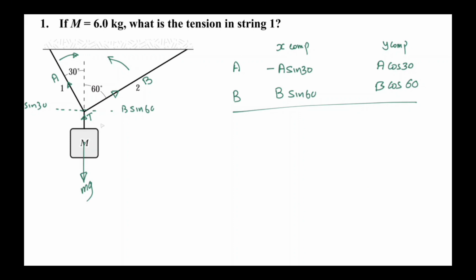Now for this system, the sum of all forces on y equals 0, so mg minus tension equals 0, so tension T is equal to mg.